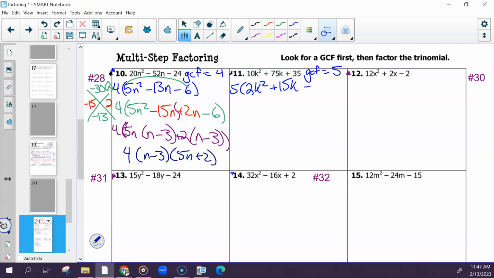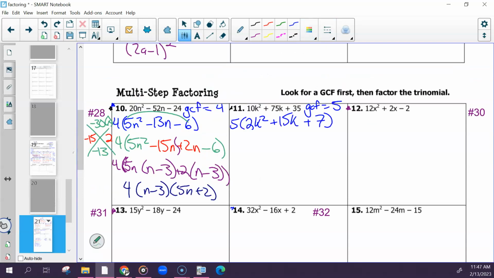Okay. And then the last one, 35 divided by 5? Then we are multiplying 2 and 7, which would give us what? 10, 7 is what?